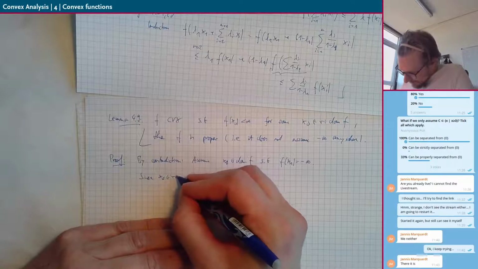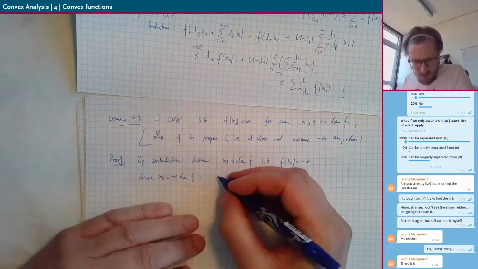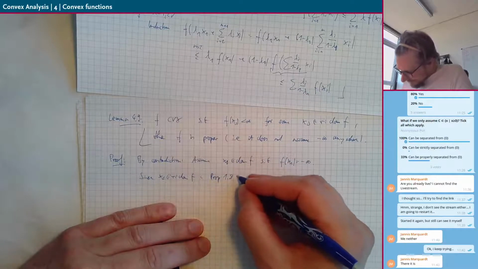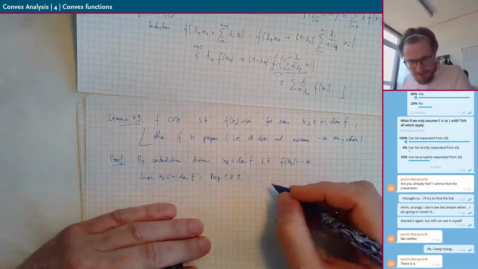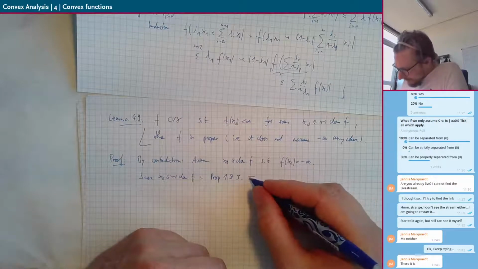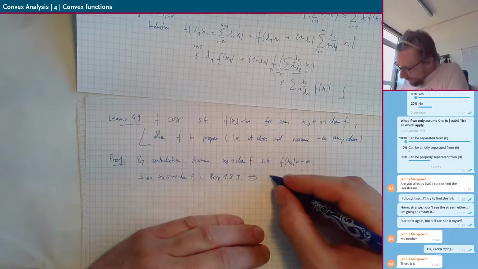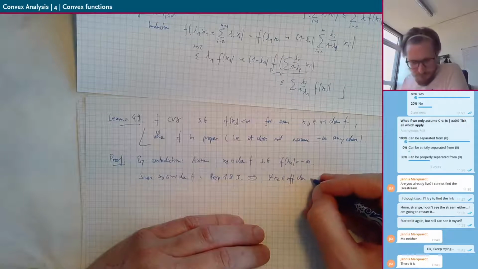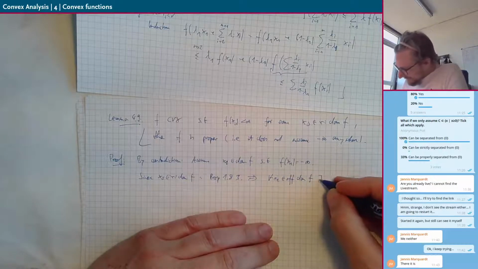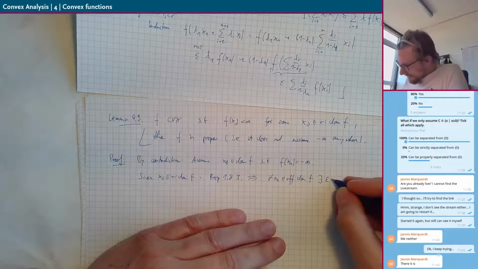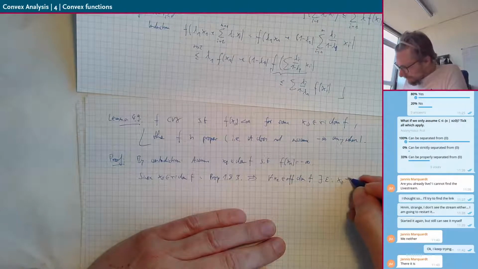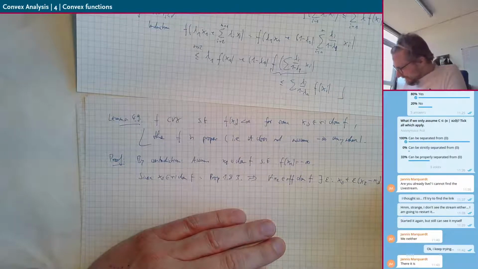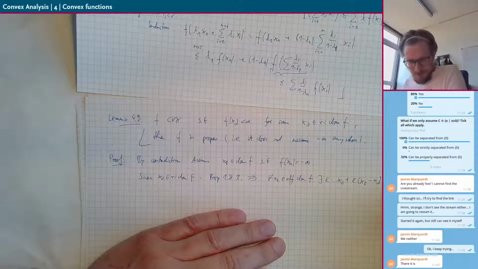So since x0 is in the relative interior of the domain of f, we can use proposition 1.8, point 3. This implies that for all x2 in the affine hull of the domain of f, there exists an epsilon such that x0 plus epsilon times (x2 minus x0) is in the domain of f.